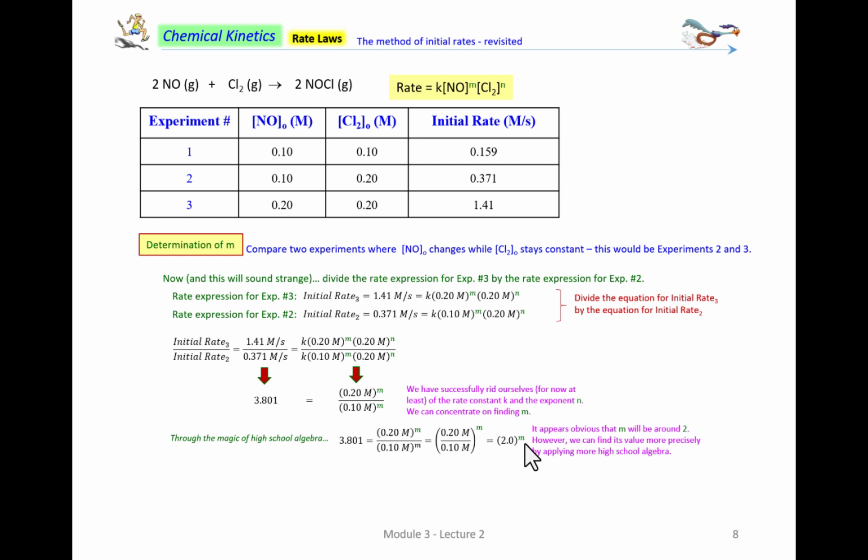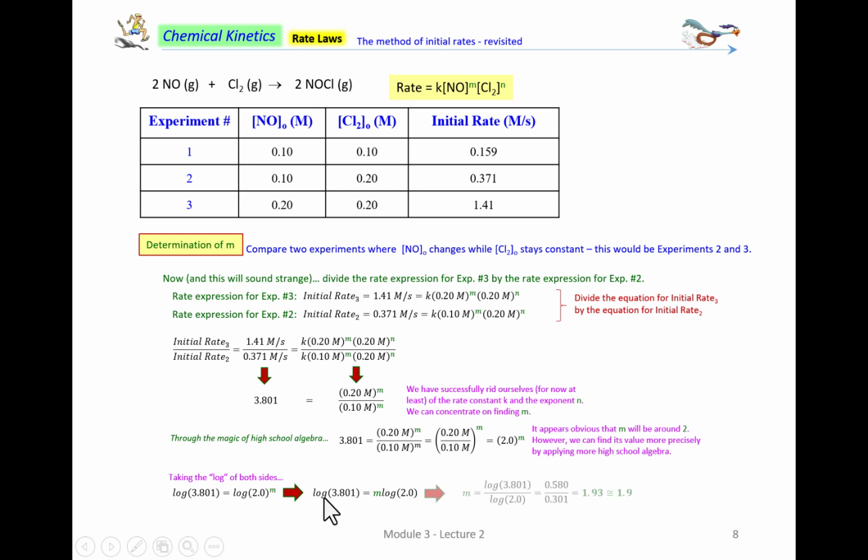But we can find a value quite precisely by doing a little more algebra. Let me show you how. What we can do is take the log, this would be log to the base 10, of both sides of the equation. And by the equation, I mean 3.801 equals 2 to the m. So we're going to take the log of 3.801 and set that equal to the log of 2 to the m power. We can do a little rearranging because the rules for logarithms tell us that we can take this exponent and put it right down in front of the log term.